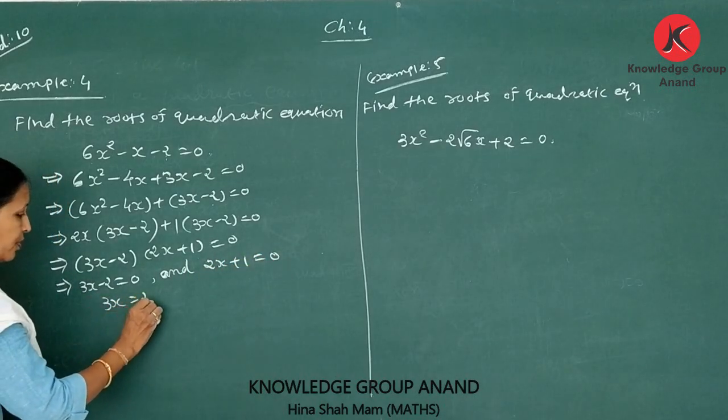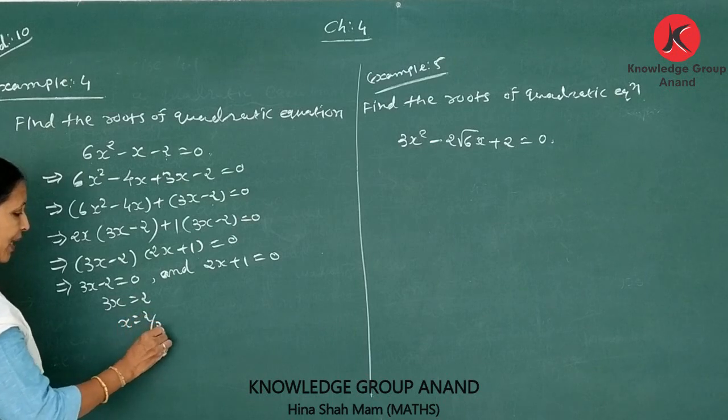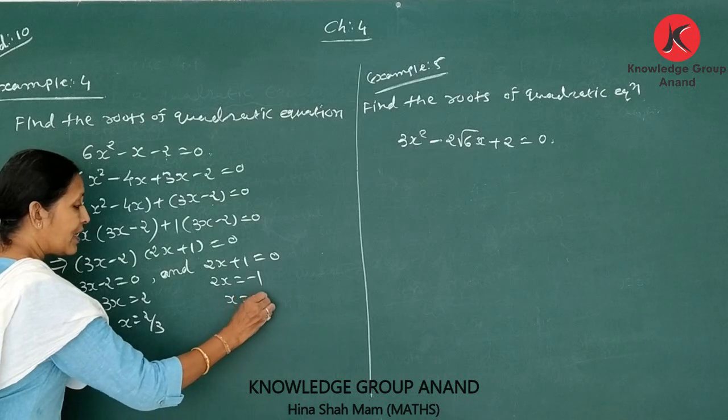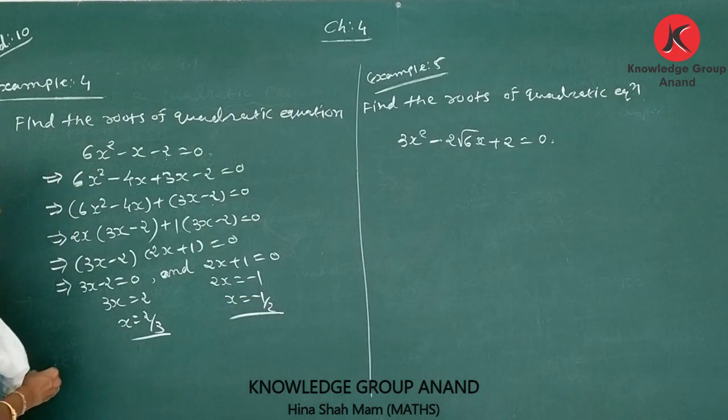3x = 2, so x = 2/3. 2x = -1, so x = -1/2.